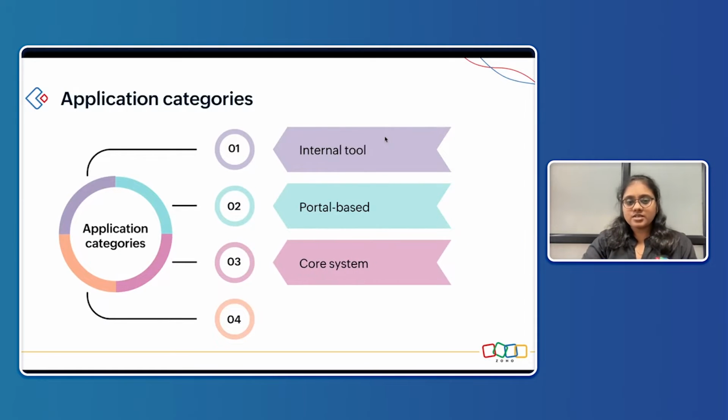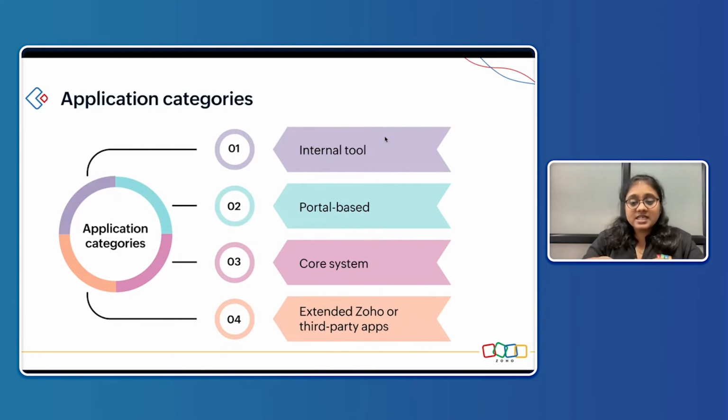And next is core system. If I'm trying to build a big application with small processes in it, for example, when I take an education system, I need to automate many processes like library, hostel, transportation. If I'm combining all these processes under a single application, then that application comes under the category core system. And at last, we have extended Zoho or third party application.